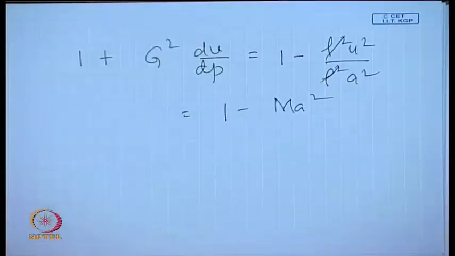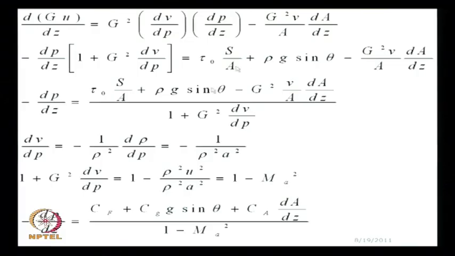We find that the denominator in this particular case gives you an idea about the condition where M A equals 1, or it gives you an idea about the choked flow condition. So, the denominator for single phase compressible flows corresponds to the choked flow condition, or M A equals 1.